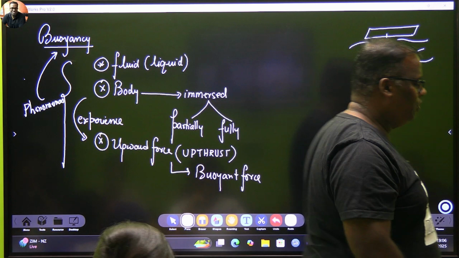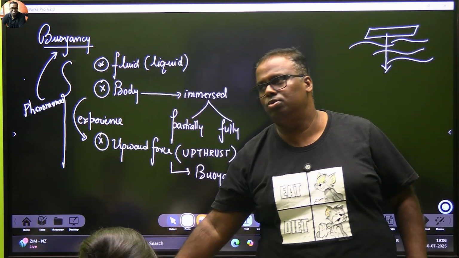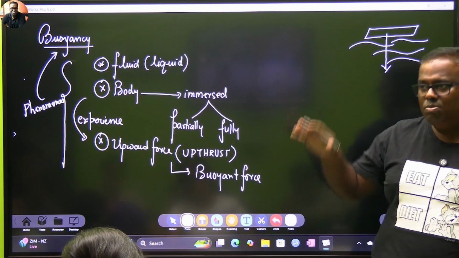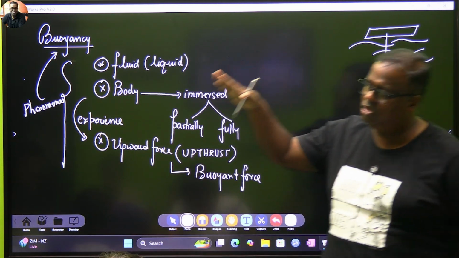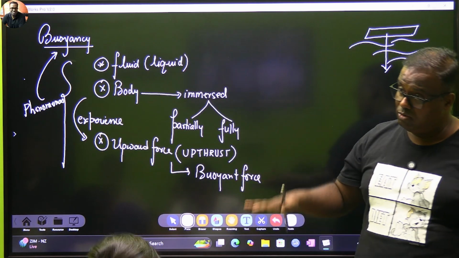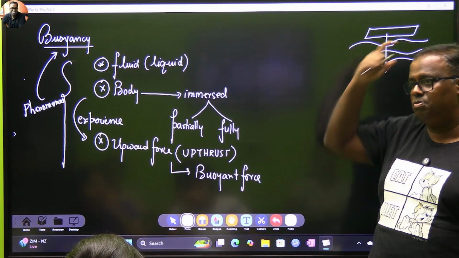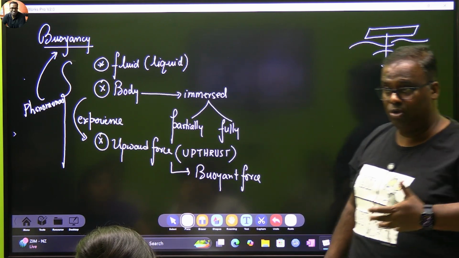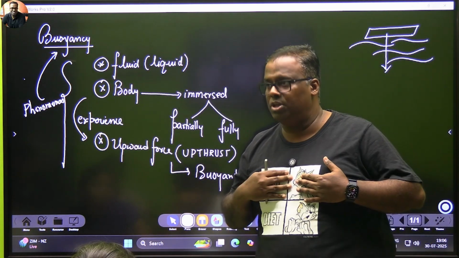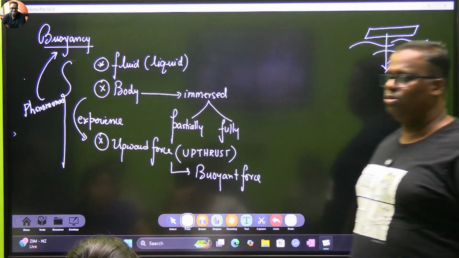Let us try to understand. We are in a river or a swimming pool, and we are trying to dip something into the water, to immerse it, either partially or fully. Whenever we dip something in water, that thing will experience an upward force. That upward force is an upthrust, meaning it acts at 90 degrees to the object. This upward force or upthrust experienced by the body is known as buoyant force, and the phenomenon is known as buoyancy.